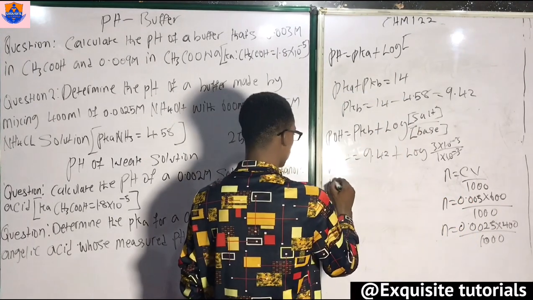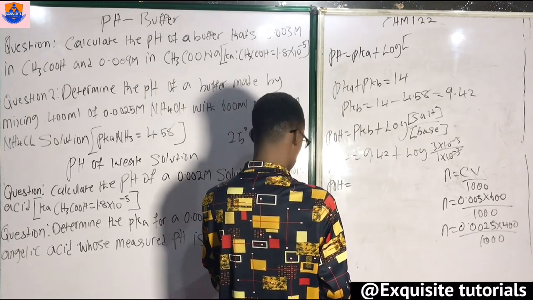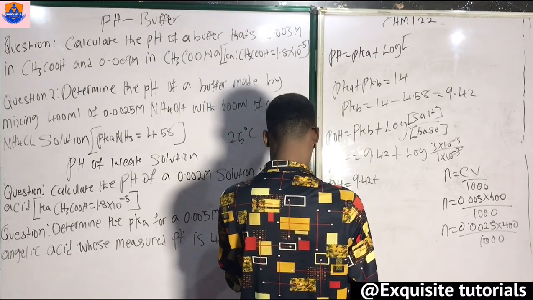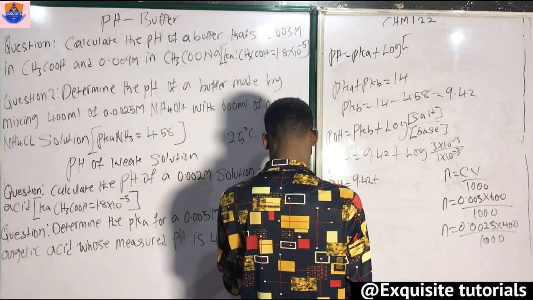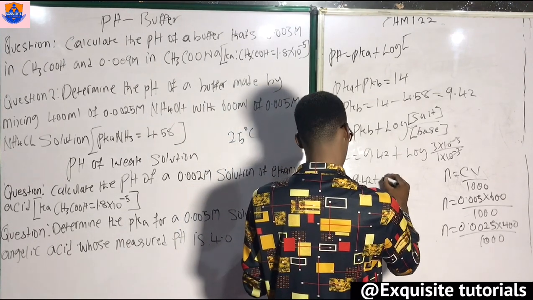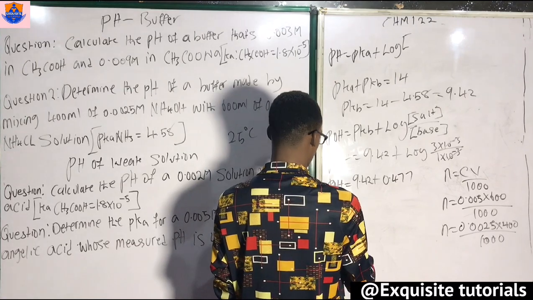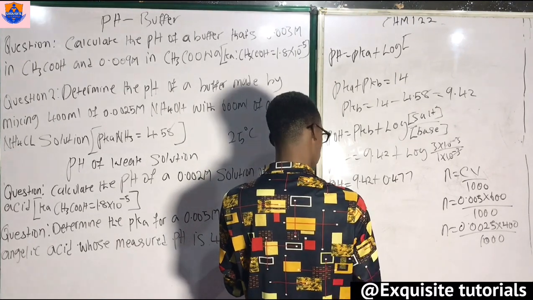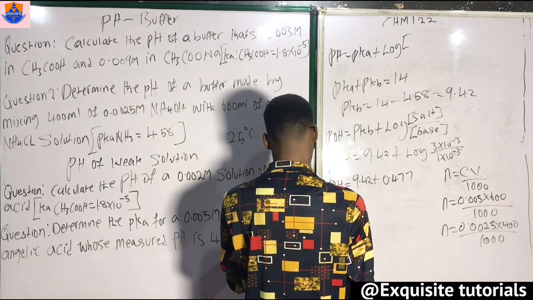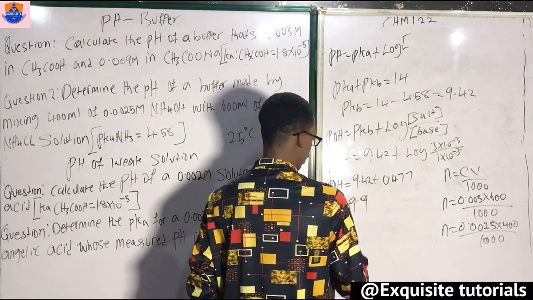So we have our pOH. pOH would be 9.42 plus 0.477. We have our pOH to be 9.9. Now this is pOH.